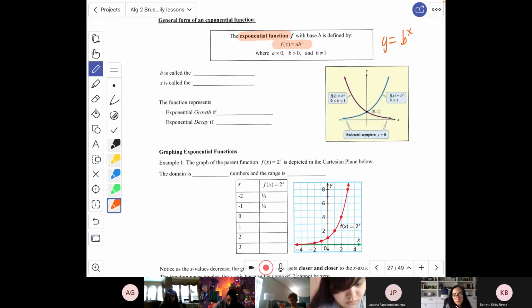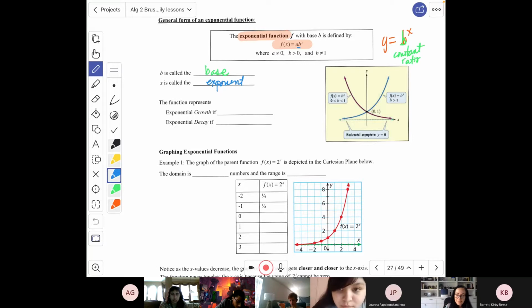In the previous paper folding example, this b was your constant ratio that we found. So this b is known as the base, and Christopher, that x is the exponent. So it's an exponential function if the unknown is the exponent.